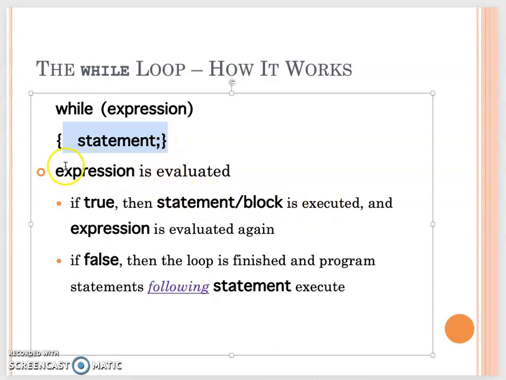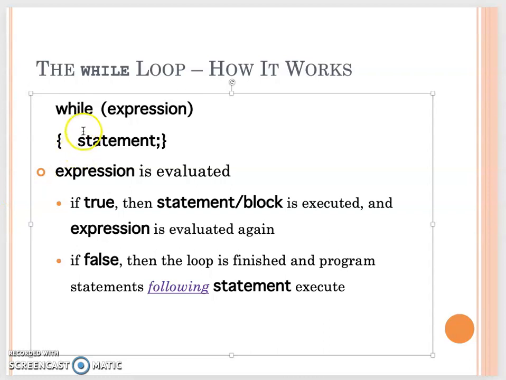After we finish, we are not going out, we're going back. After that true, we execute the whole block, then we come back to the while loop to evaluate the expression again. Of course, if this expression is false, then we totally skip this code block and go to the next line, the following statement.